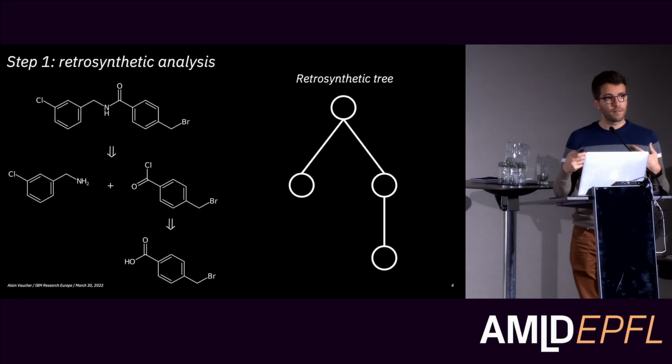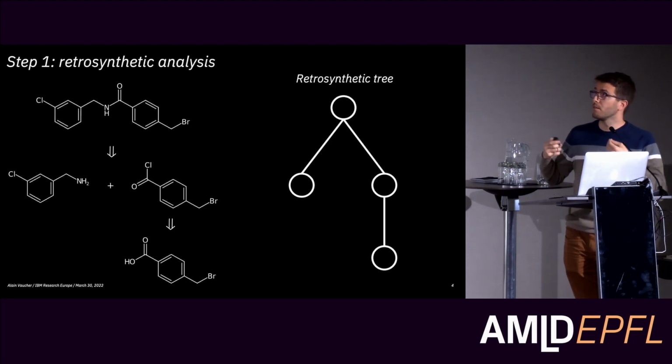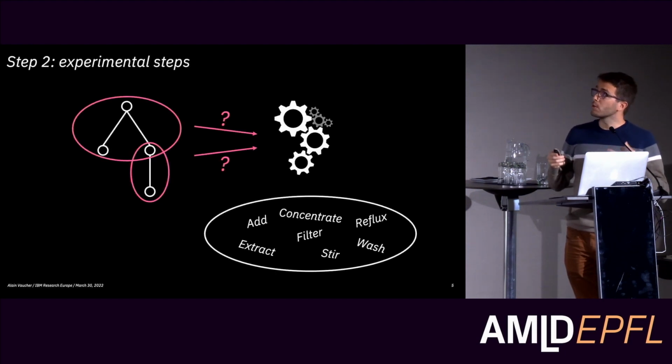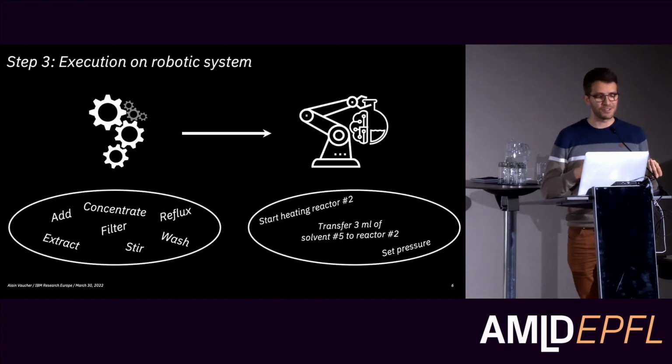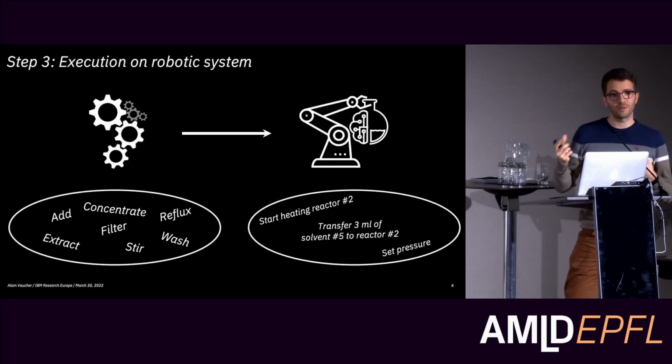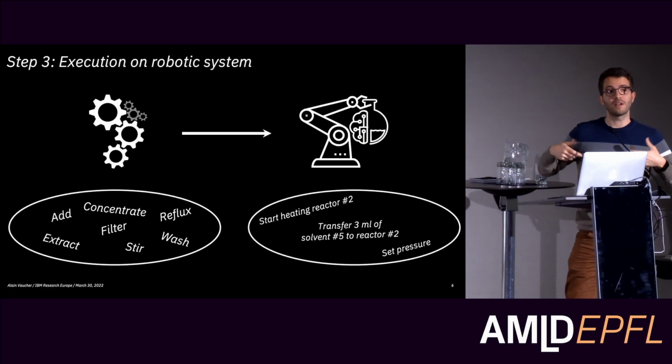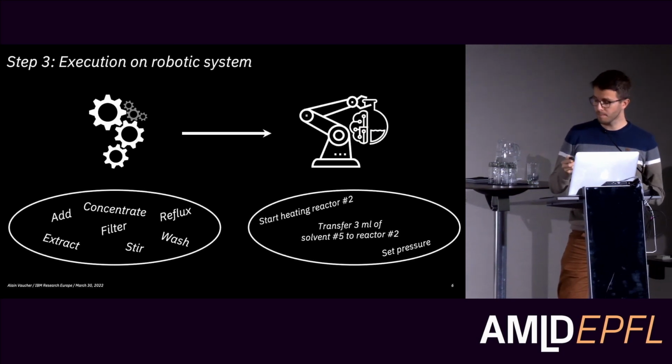When we have the retrosynthetic tree for the desired compound, we can go to the next step and determine for each separate reaction step how to make it in the lab in terms of operations done by chemists. After that, we take those synthesis actions and convert them to instructions that are specific to a robotic installation in the lab so that we can launch the automated synthesis.